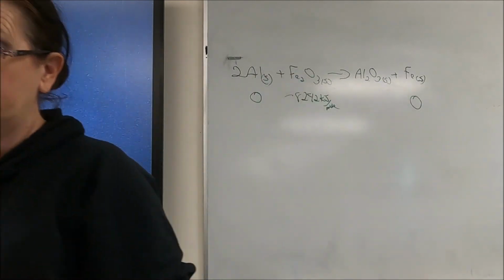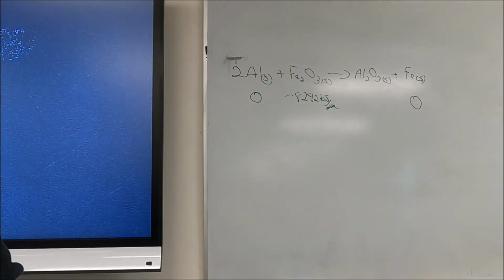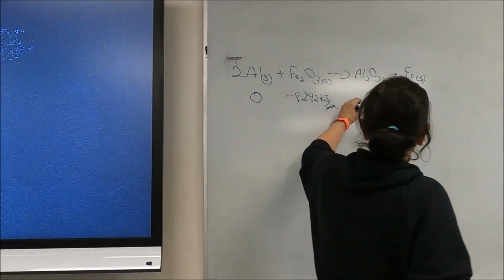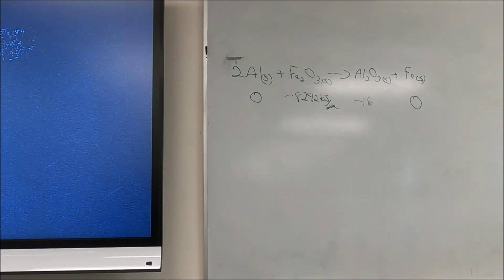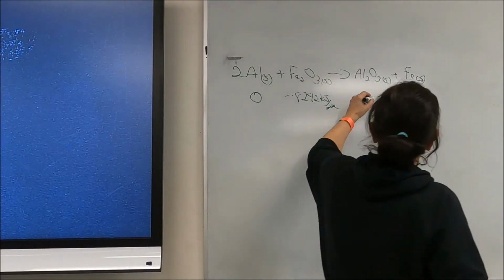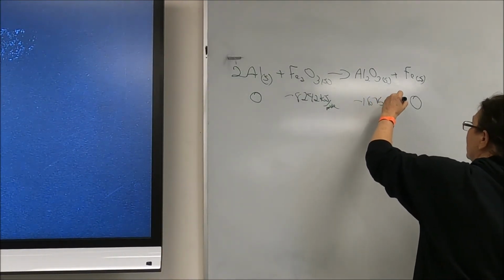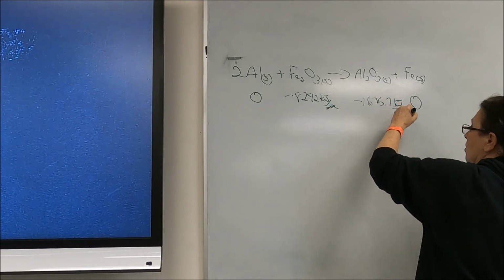For aluminum oxide, okay, looking that up in our appendices, it's minus 1,675.7 kilojoules per mole.